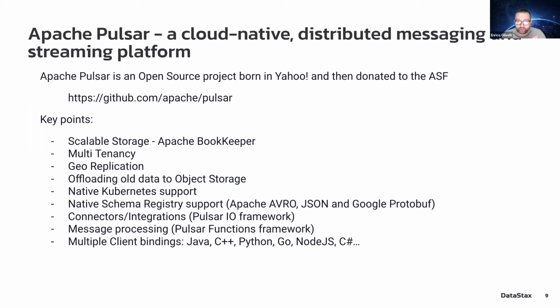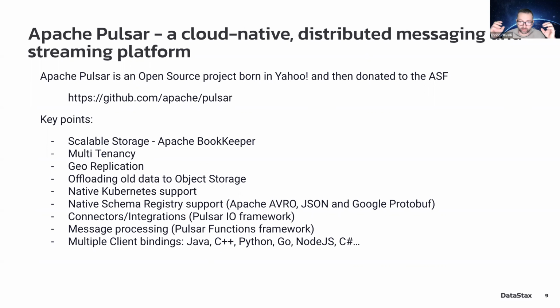There is the Pulsar IO framework that allows you to connect your Pulsar topics with other systems like Cassandra, Elasticsearch, or you can perform CDC, capture data change, with Debezium. There is the Pulsar Functions framework, a very lightweight message processing framework to process the messages while the data is still inside Pulsar.